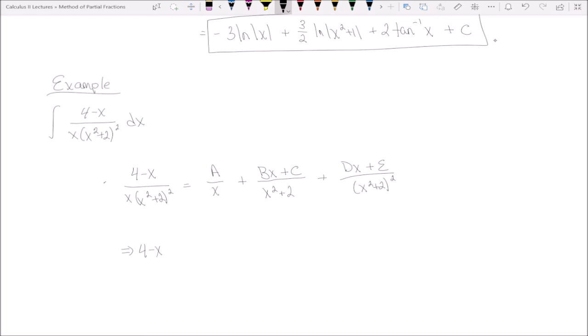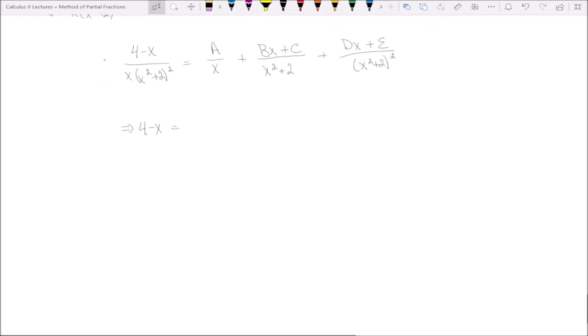Clear out the fractions. We get 4 - x is equal to A times (x² + 2)², plus, now we get (Bx + C) times (x² + 2), plus (Dx + E) times x. Let's go ahead and expand stuff out.